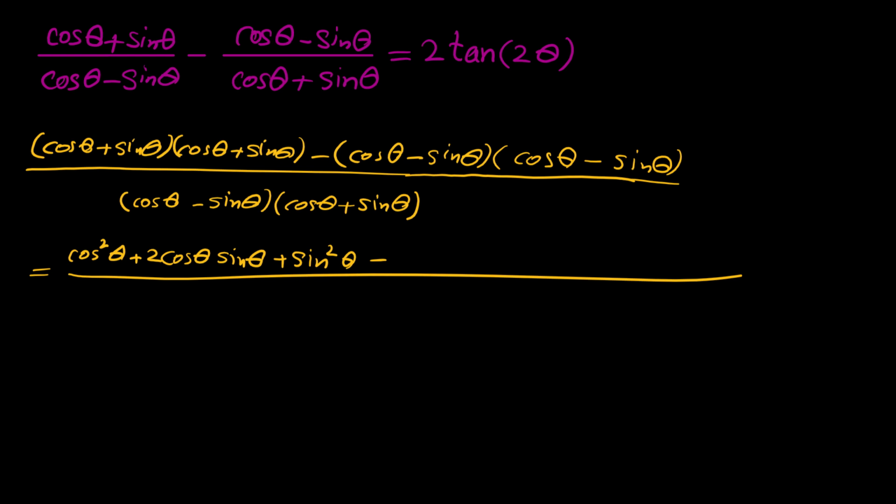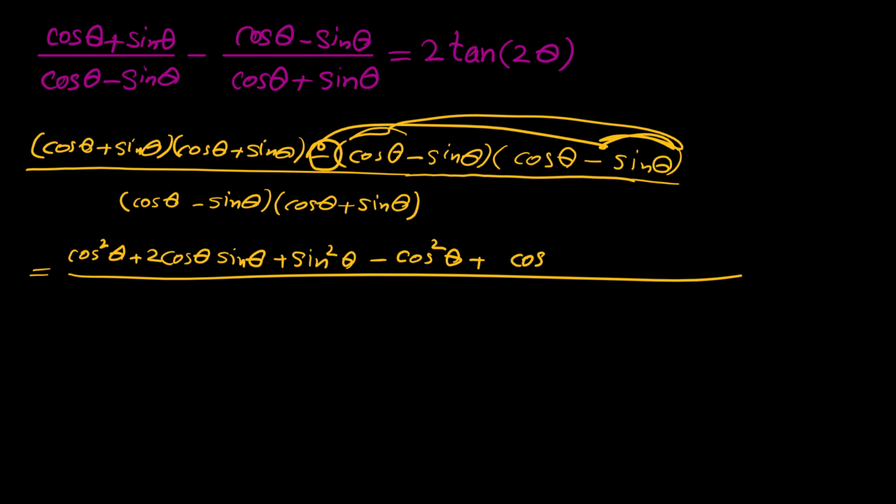So cosine times cosine is cosine to the 2, but if you have a negative, so minus cosine to the 2. Then we have cosine times negative sine, but we have a negative here, so plus cosine theta sine theta.